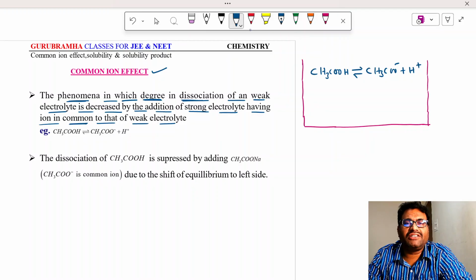Already we have discussed this concept that whenever an electrolyte is very weak, it will be a reversible process, and at a certain time there will be equilibrium existing between dissociated ions and undissociated molecules. This we have already seen. Acetic acid is a weak electrolyte. Already its degree of dissociation is less.